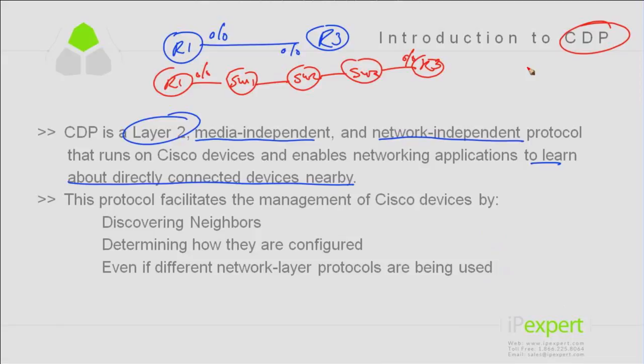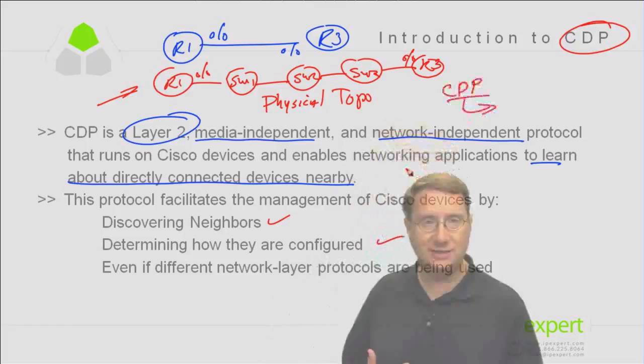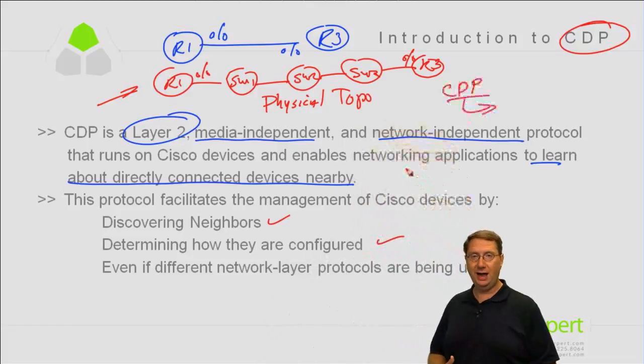Cisco Discovery Protocol actually allows this process of discovering our physical topology, and it allows us to do that by giving us the ability to discover the identity of our neighbors and determine how they're connected, because CDP is going to exchange information about particular interface types, particular versions of the IOS.